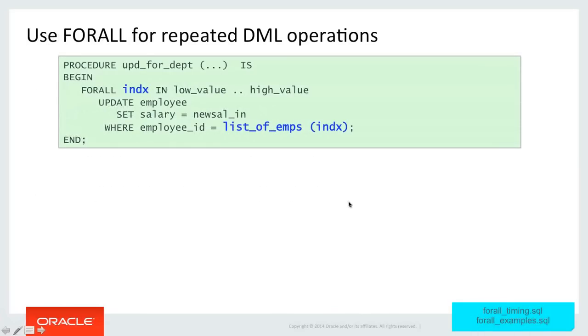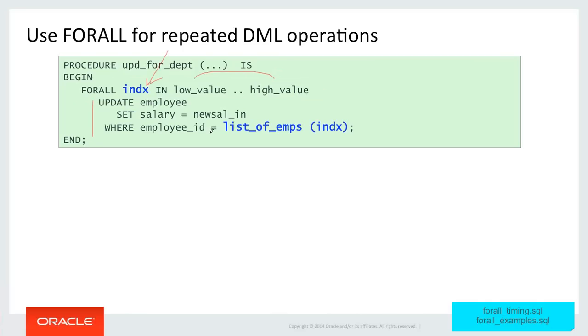So, FORALL. The idea behind FORALL is you essentially replace the for loop with a FORALL statement. So it's an extended DML statement. It sits on top of a single DML statement. And the header for that FORALL statement usually, but not always, will look like a numeric for loop, in which I have an implicitly declared iterator. I have a range of values, and then I have my DML statement.